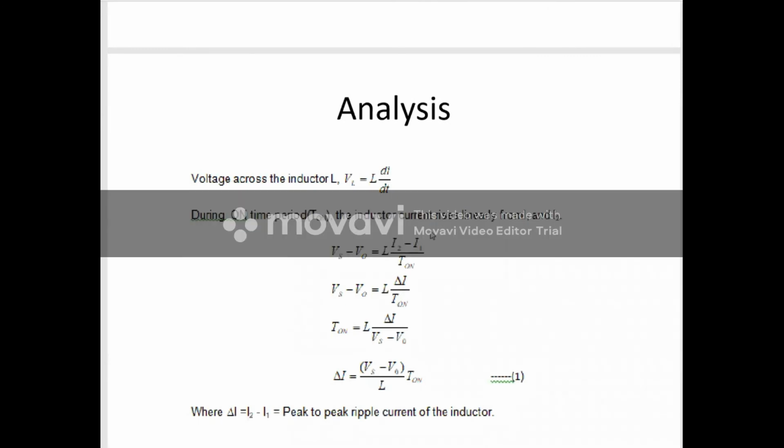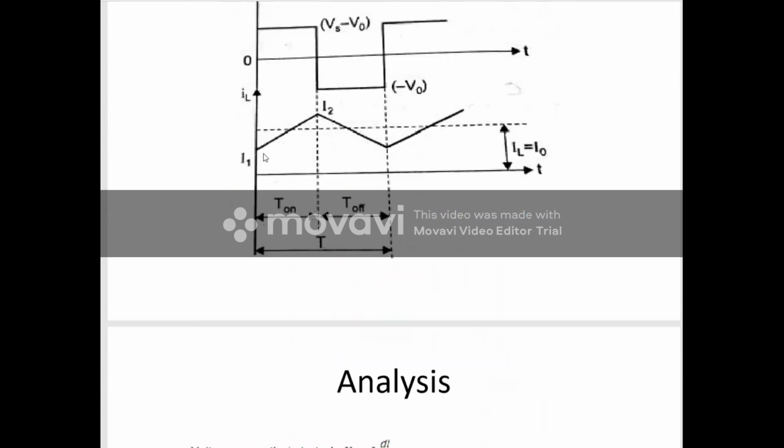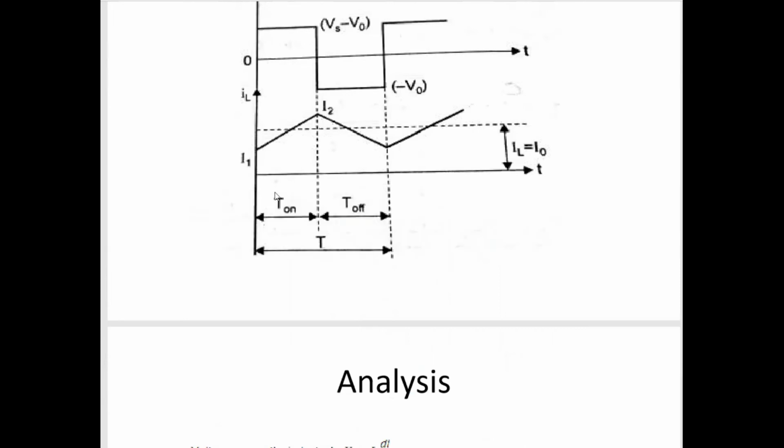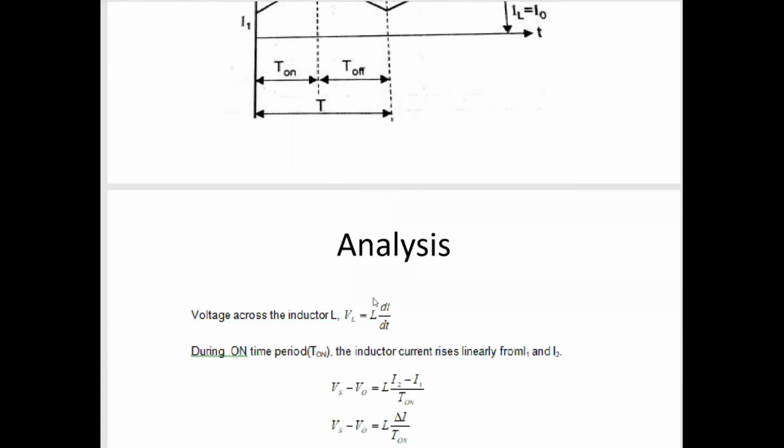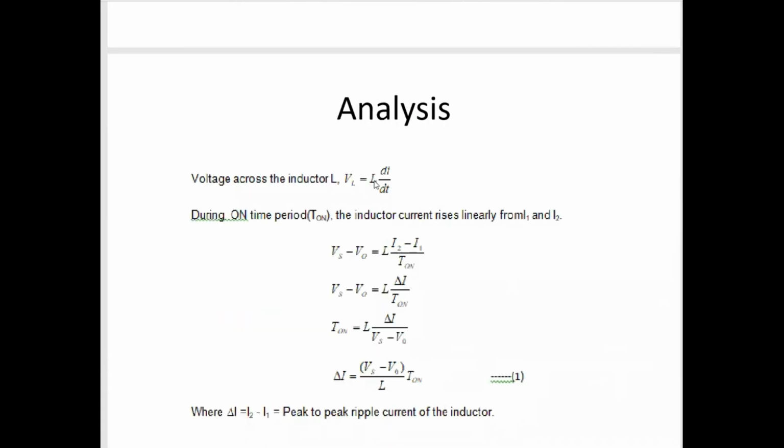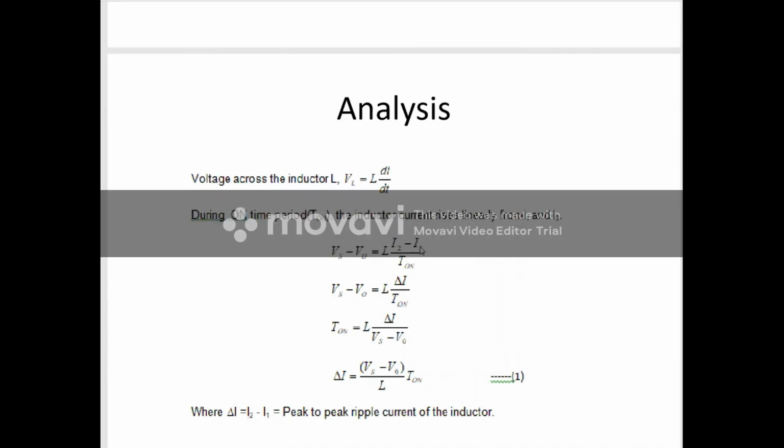Now this I2 minus I1 happened during which time? What is dt? During the on time. So instead of dt we have to put T on.